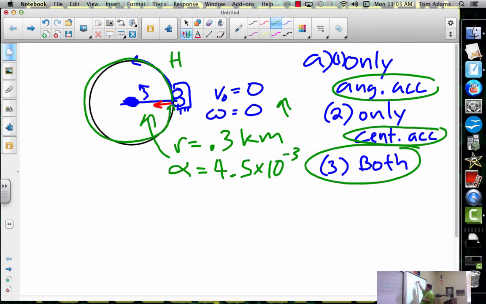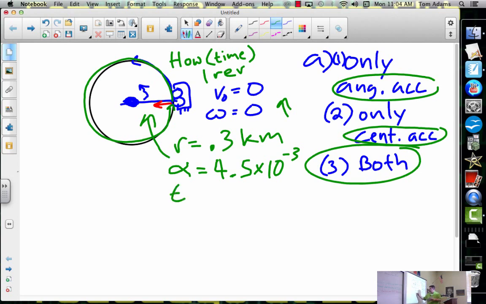Okay? When they say how long, they mean how much time to make one revolution. Okay? So what are we solving for? Solving for time, right?